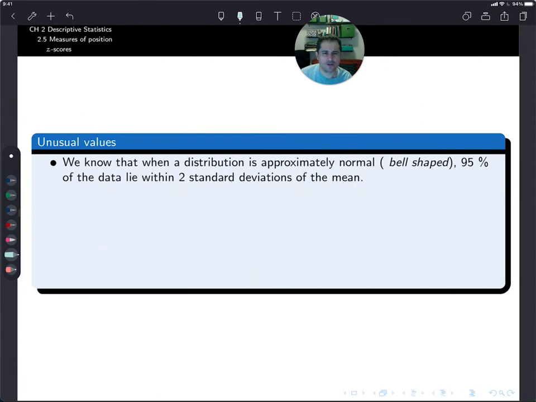Now we also use z-scores in some textbooks to call some values unusual. It's not a term that is used straight across the board, but in some textbooks we like to do this. We talked about the empirical rule already.